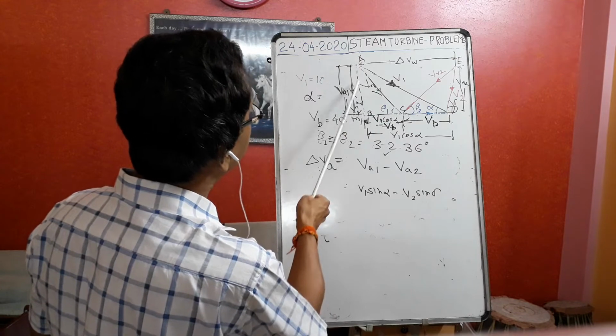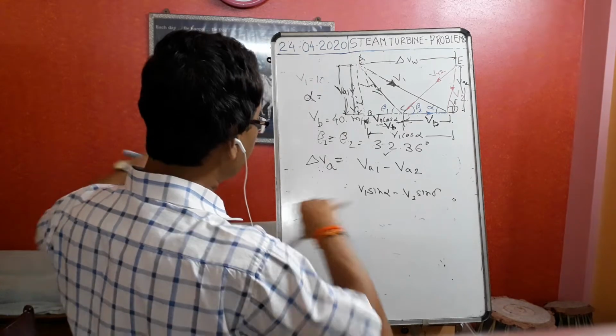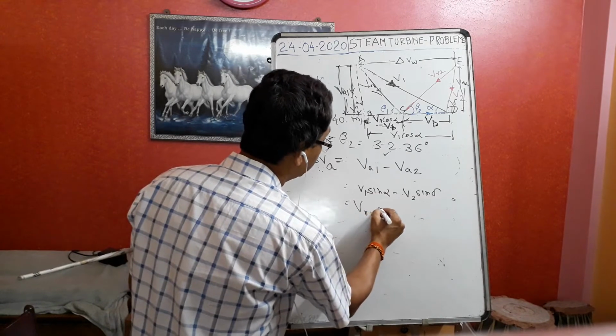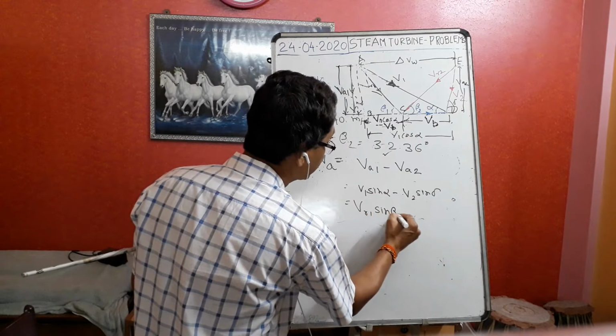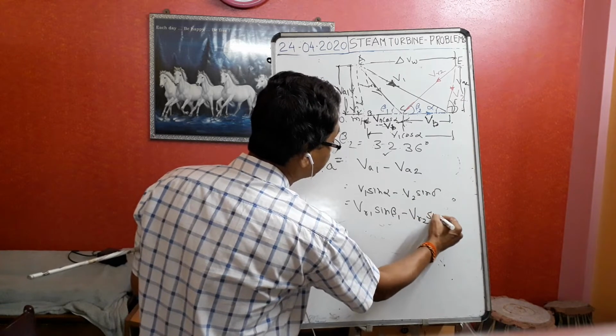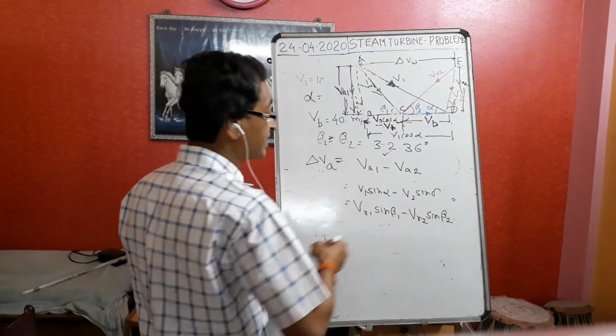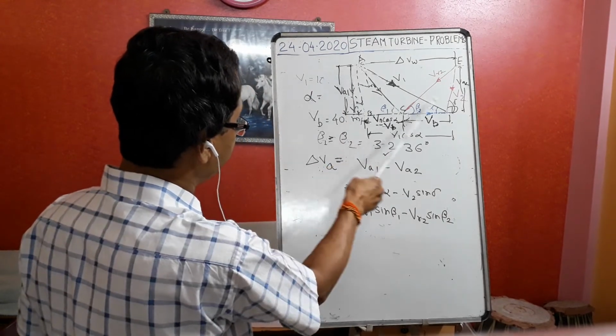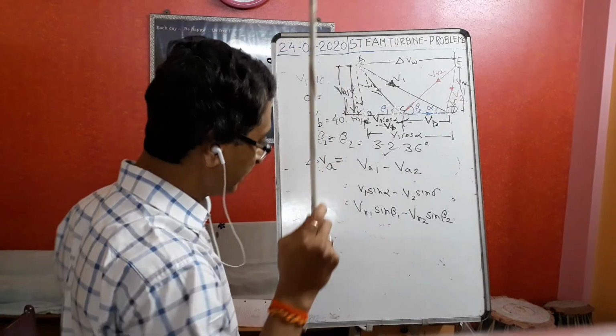VR1 sin beta 1, but both are the same. So V1 sin alpha and VR1 sin beta 1 are the same. Similarly, V2 sin delta and VR2 sin beta 2 are the same, because this is the perpendicular direction, whether we consider this triangle or this triangle.